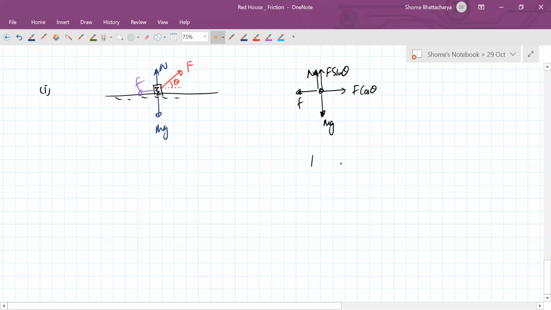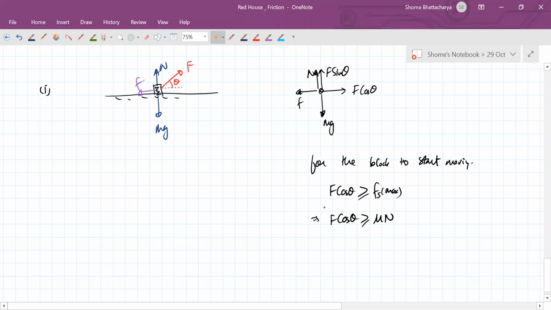So for the block to start moving, F cos theta should be greater than maximum friction. Okay. So F cos theta should be greater than, even just about equal to will be fine, mu into N. F cos theta equal to mu N is what we call the limiting condition.